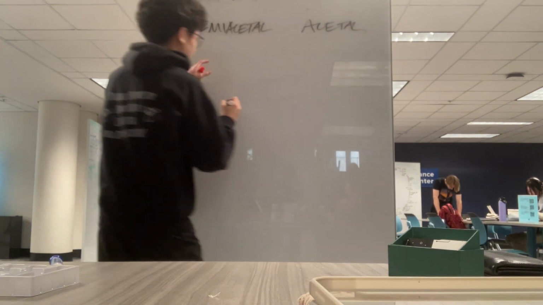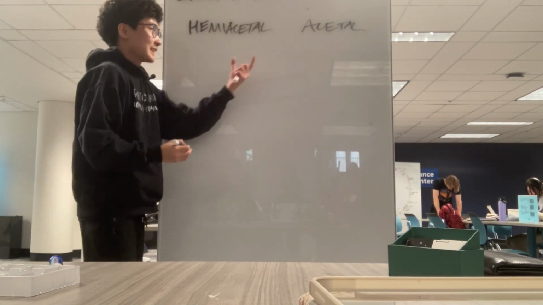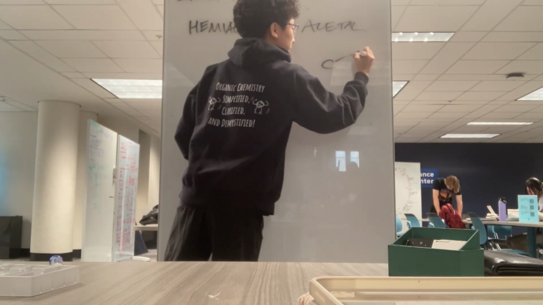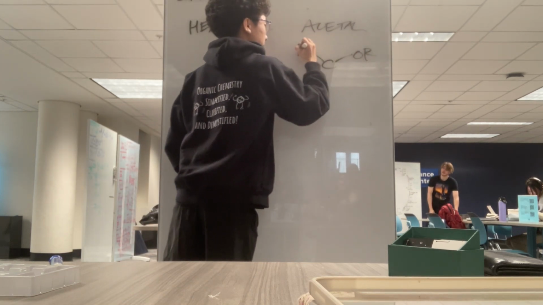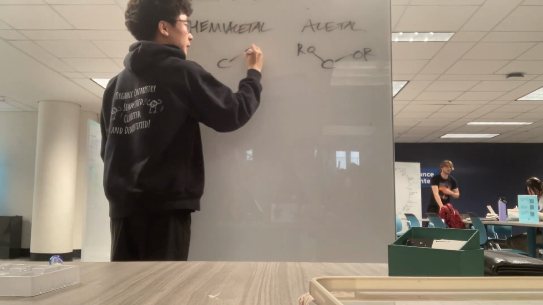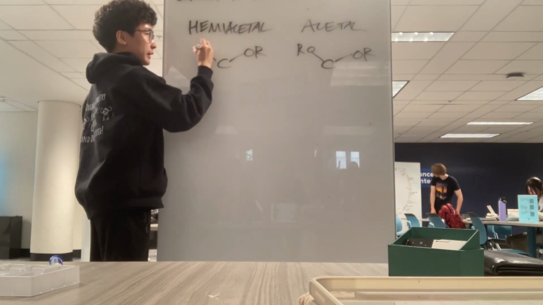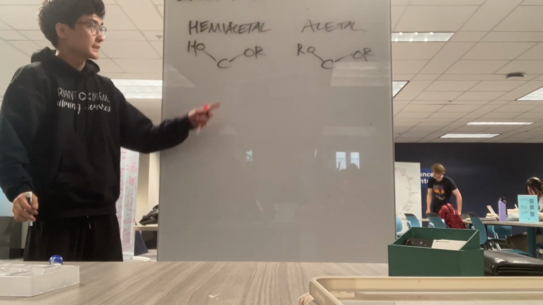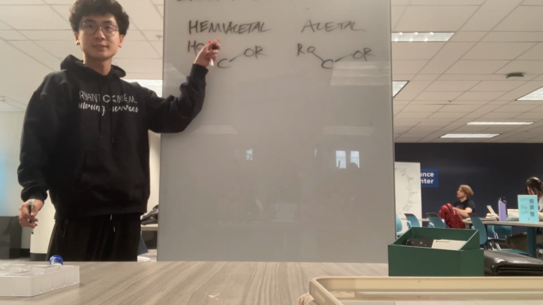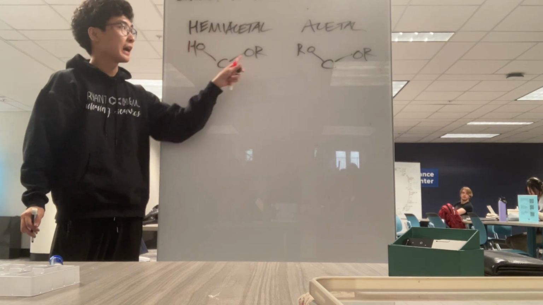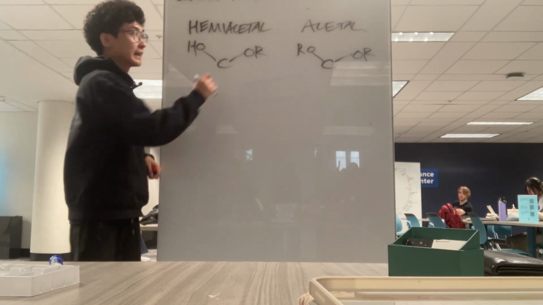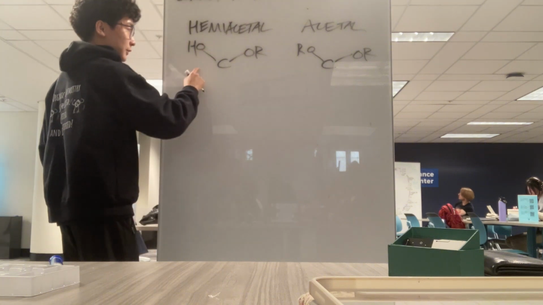Right. So an acetal is going to have a carbon bonded to two OR groups. A hemiacetal is going to be a carbon bonded to one OR group and one OH group. So hemiacetal is half of an acetal. Hemi meaning half, right? Half OR, half OH. An acetal is more stable than a hemiacetal.